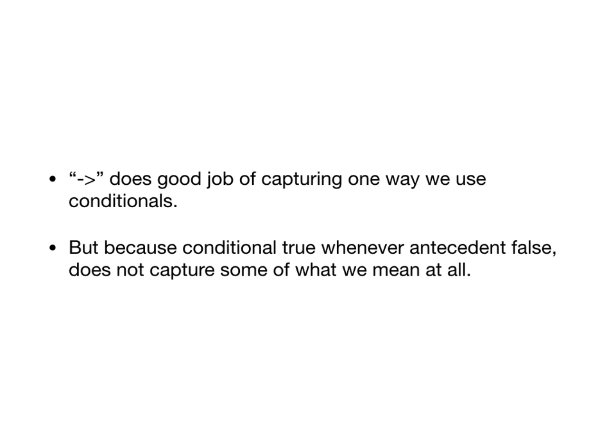Now, as we've already seen, there are reasons to think this. There are ways that English works like this. But this means that this statement does a really bad job, in fact no job at all, of capturing some of what we mean by if-then in English.